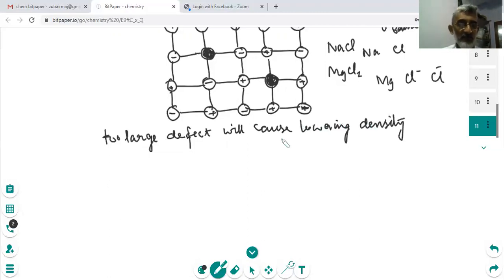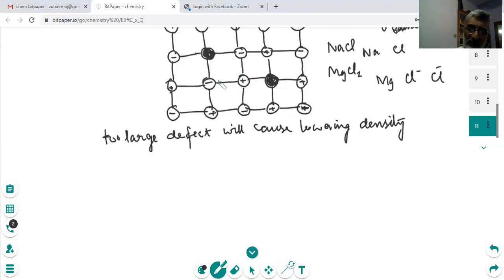I was just telling you about neutrality. Electrically they are neutral. But due to the presence of these positive and negative missing sites, locally there will be a small development of charge.